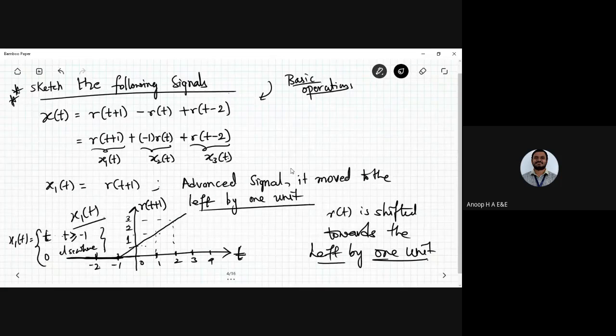If you observe carefully, this is how the signal would look. This is the ramp signal, as I already told you. There is no end; as t is greater than or equal to 0, whatever value t takes, that would be the ramp signal.